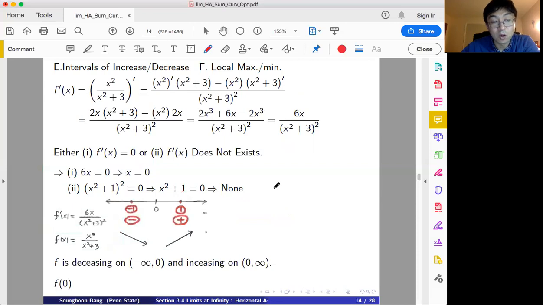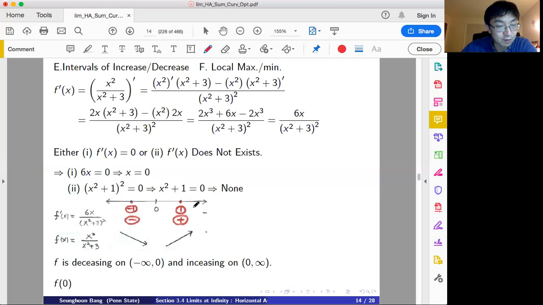Do we have a local minimum? Yes, we have, thank you. The graph is decreasing and increasing. Yes, we have a local minimum at 0.